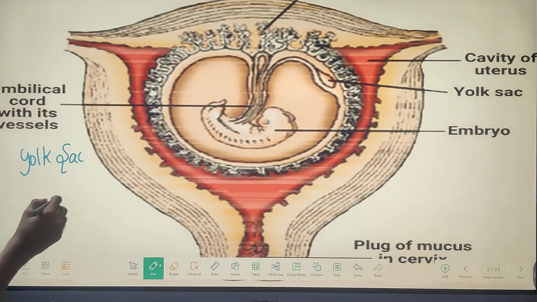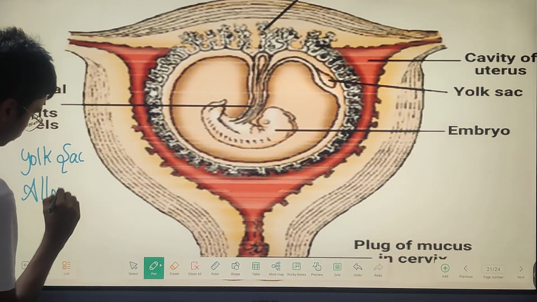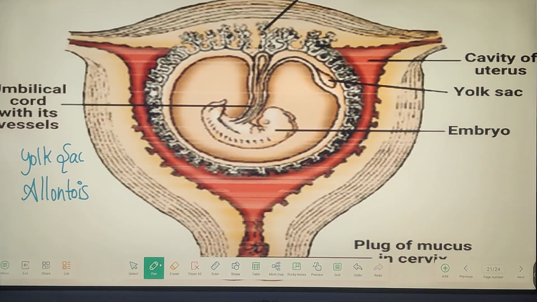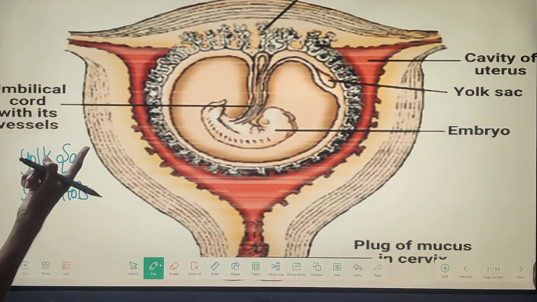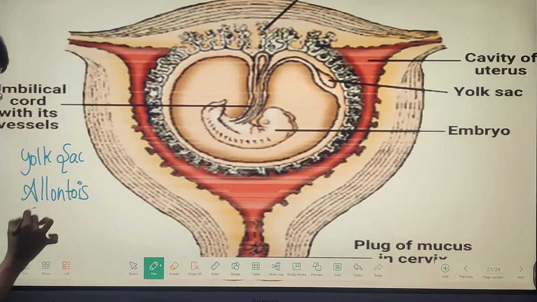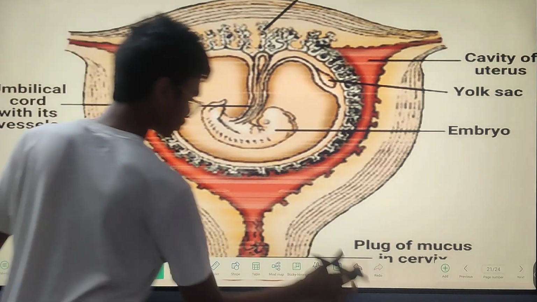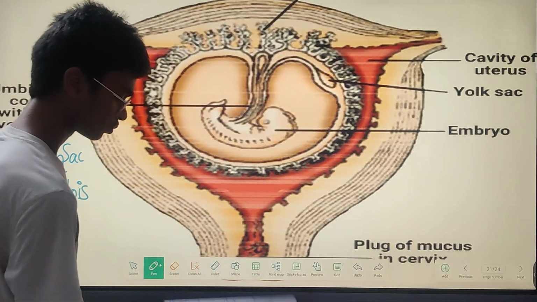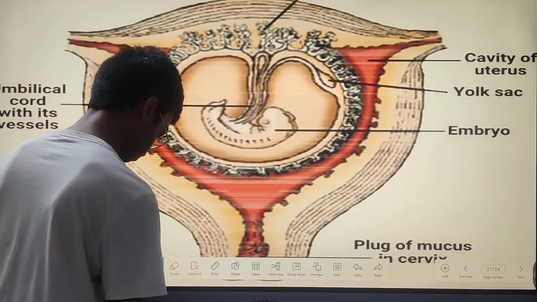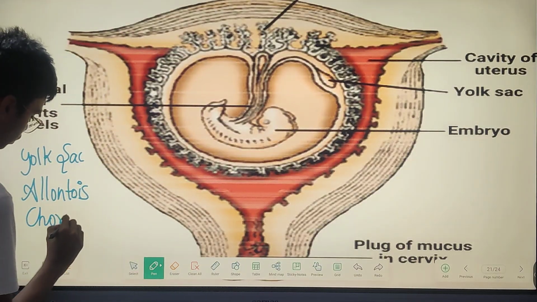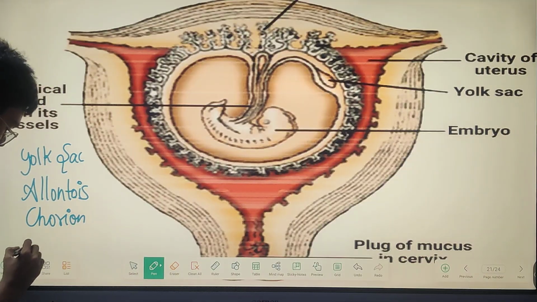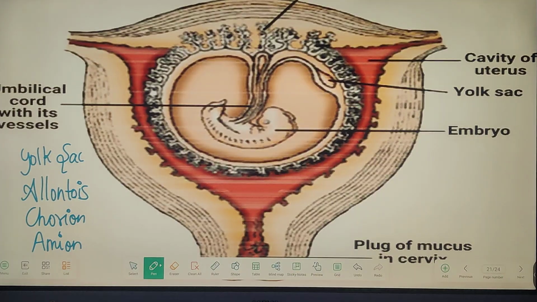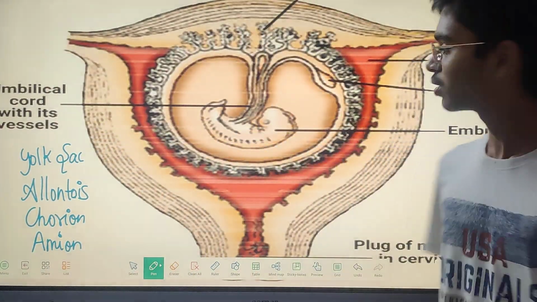So yolk sac, then we also have allantois, then chorion, then amnion. So yolk sac, allantois, chorion, then amnion.